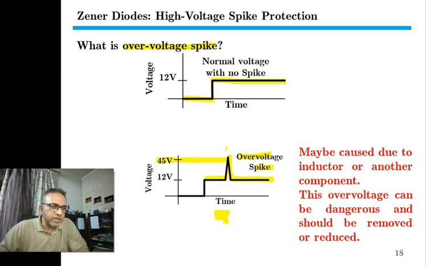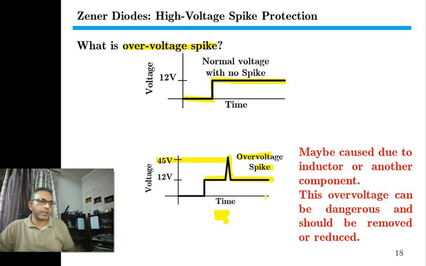But the thing is that there is only a momentary increase in voltage, and it comes back to the normal voltage after some time. This is called an overspike. This overspike may be caused by an inductor or other components. This over voltage can be dangerous and should be removed or reduced. And this is what we are going to do. We will remove this, or reduce this, or control this over voltage spike.